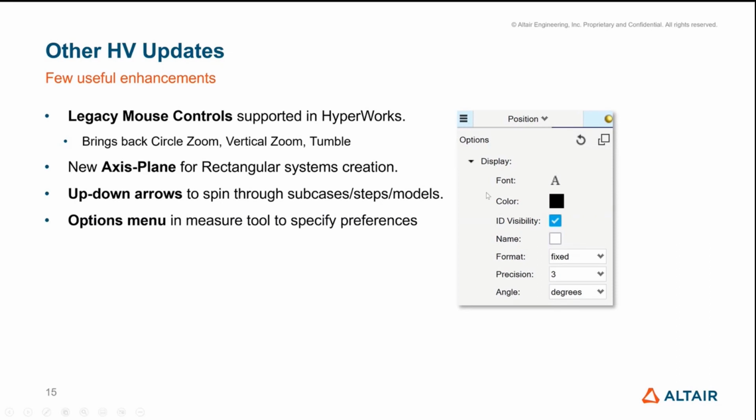This will allow you to pre-configure certain settings before you create the measures. So things like the font, the color, format, and precision of the measure text that you see on the screen. These can be configured before you actually create the measures. And this information is also something that would be saved to the session and restored.